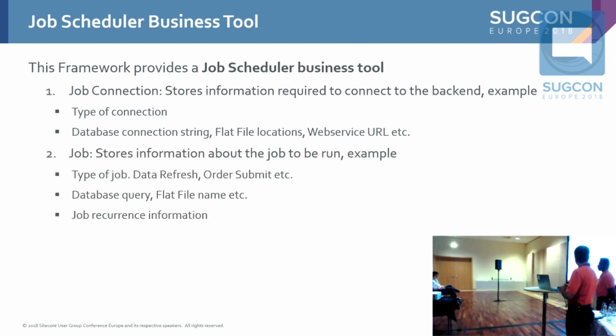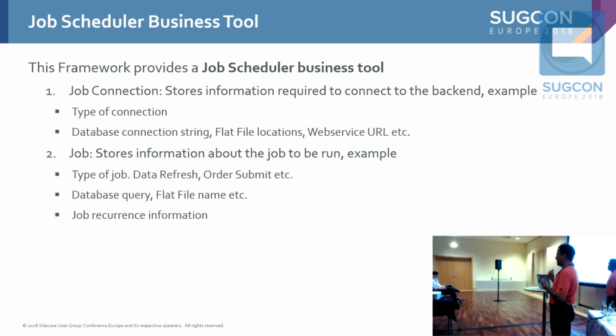The next is you create a job. So job stores information about the job to be run, kind of like data refresh, product refresh, order submit. Yeah, so the important part in a job is kind of a definition of a job. What I want to do, I want to pull data from the SQL server. So you can add your select query in the job.